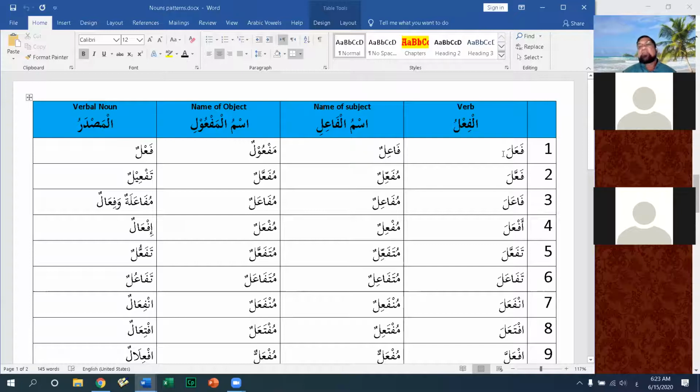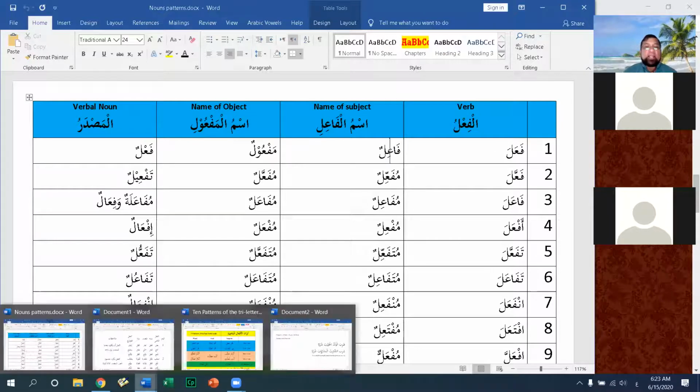So for instance, if we were to say kataba, we would say katibun. ضرب ضارب. جلس جالس. قرأ قارئ. Anything. سجد ساجد. أكل آكل. So you take any verb on the pattern of fa'ala, put it on the pattern of fa'ilun, and that's the name of the one who did the action.